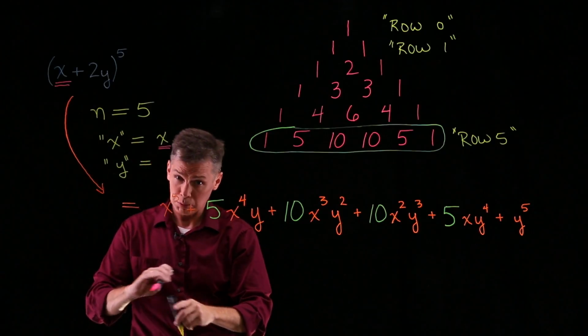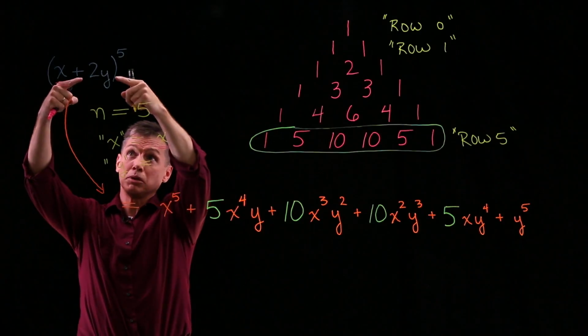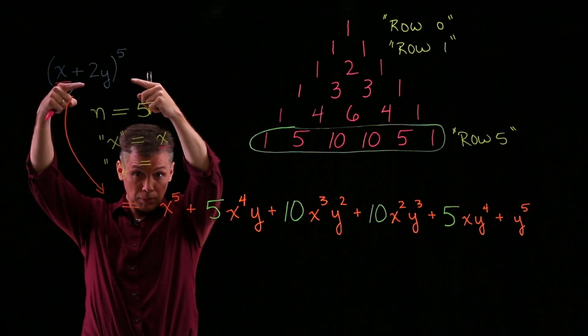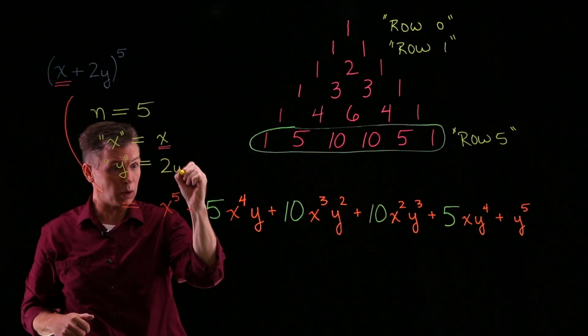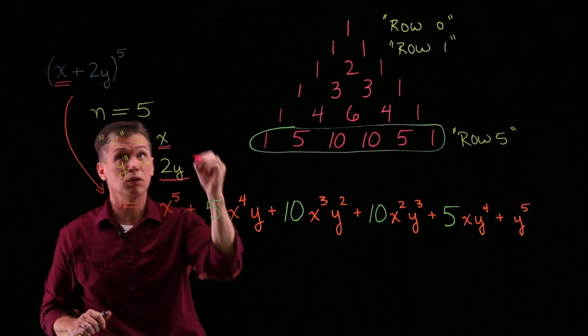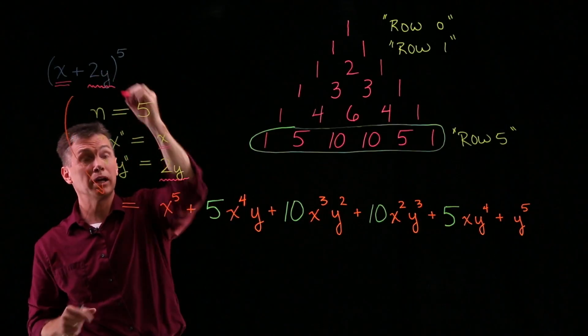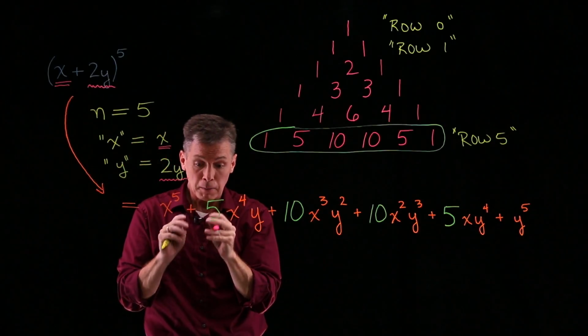Similarly, for my quote unquote y, I've got to look up to the binomial and look at the second term. The second term does have a 2 there as well as a y. So both of those, 2 and the y, are what I grab for my quote unquote y. Be careful of that.